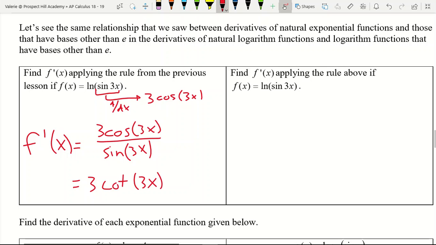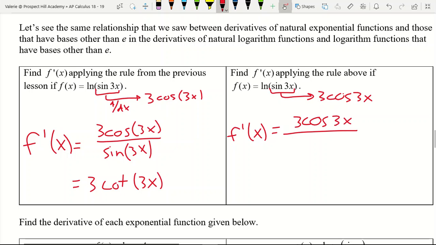Okay, and so now using the rule above, we still need to know the derivative of sine 3x, which we know is going to be 3 cosine 3x. So the derivative of f of x using the rule above is equal to 3 cosine 3x all over sine 3x times ln e.